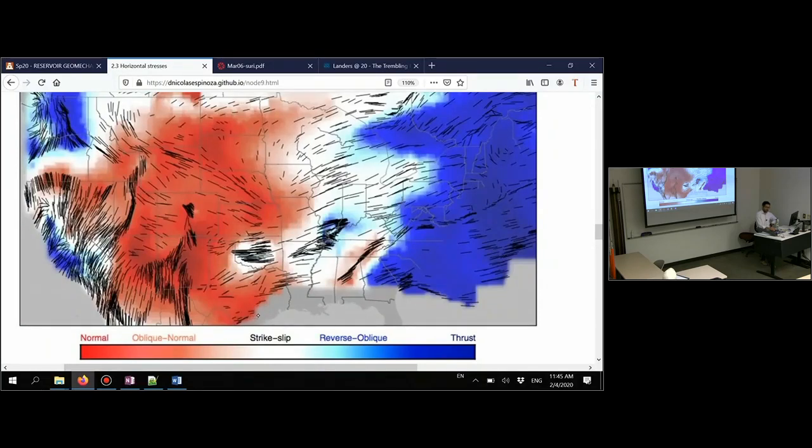We know that the horizontal stress is pushing in a direction more or less east-west, a little bit, I would say, northwest-west. So a little bit to the north, right? If you go to the Permian Basin, somewhere over here, you will also see that closer to the south, this is also going in direction east-west.